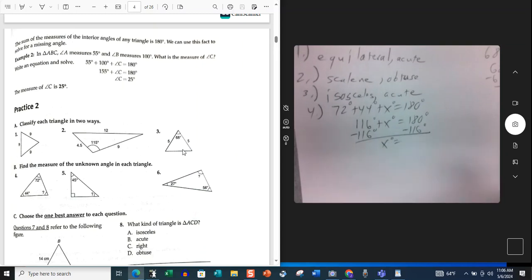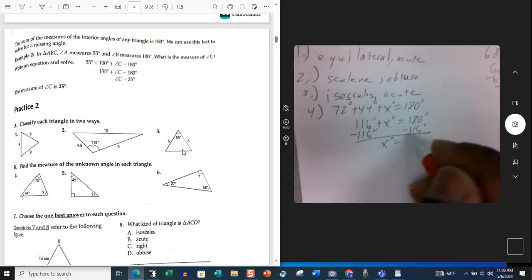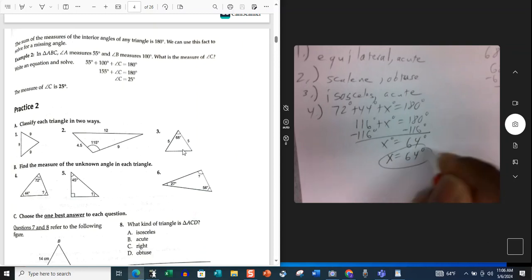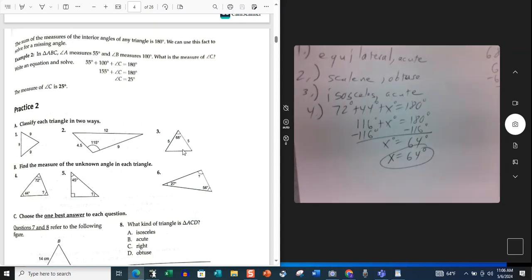So we have x degrees is equal to 180 minus 116, which will give us 64. So x is equal to 64 degrees.